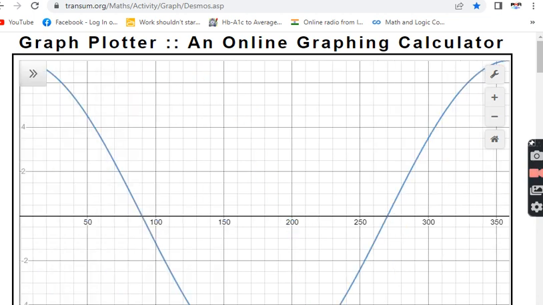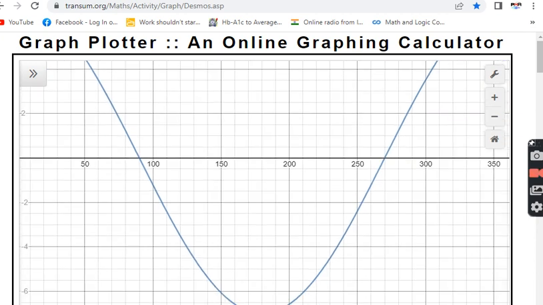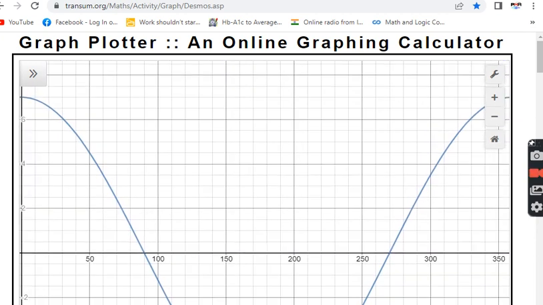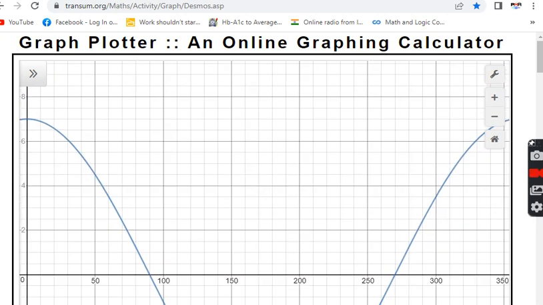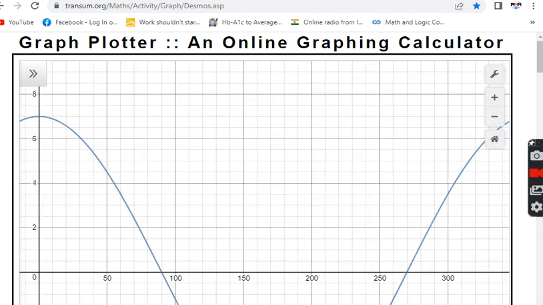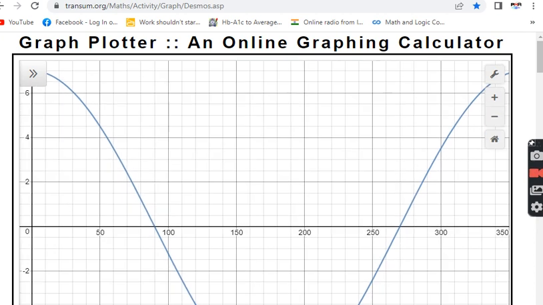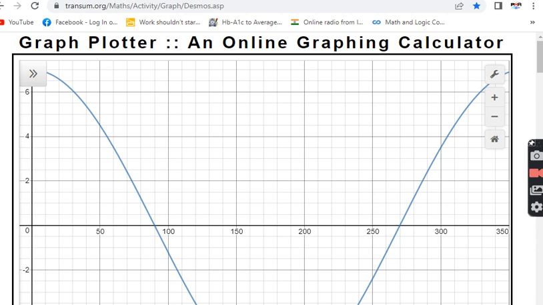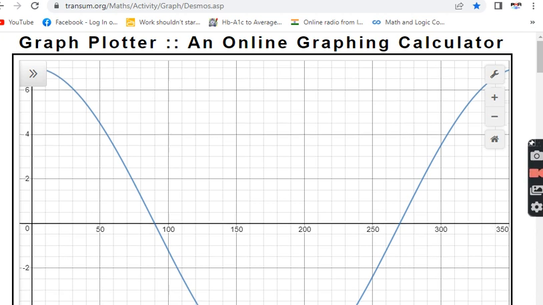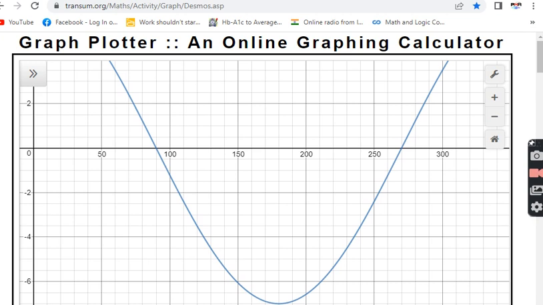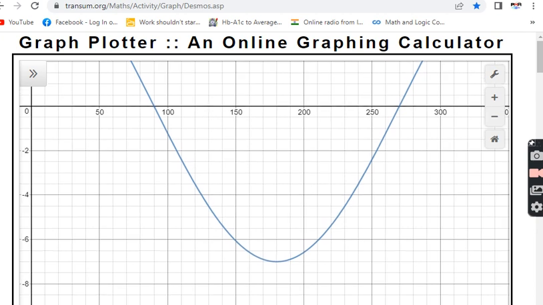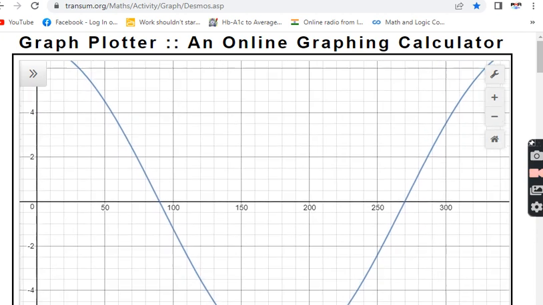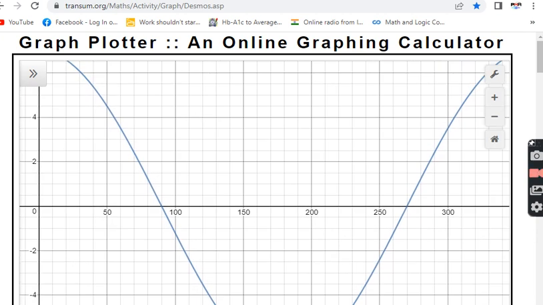Yes, look at this. This just looks like the graph which I drew. You can see at 0 the value of y is 7, at 90 degrees the value of y is 0, then at 180 degrees the value of y is -7, and then at 360 degrees the value of y is 7. So look at my graph.